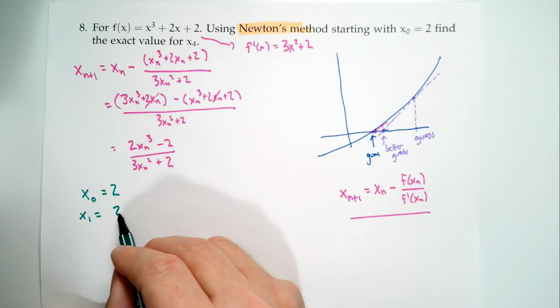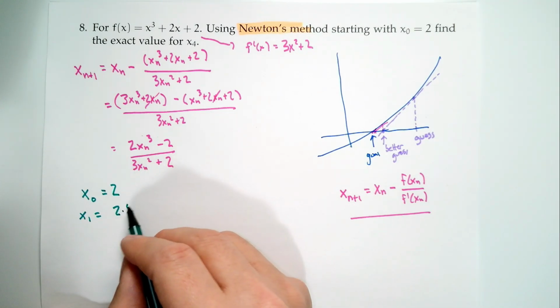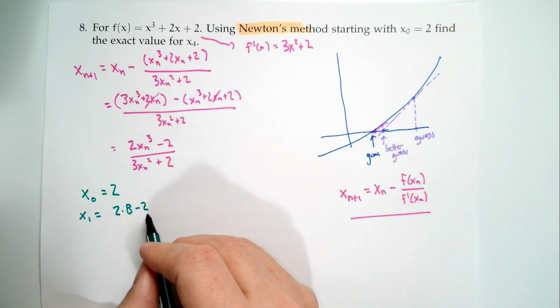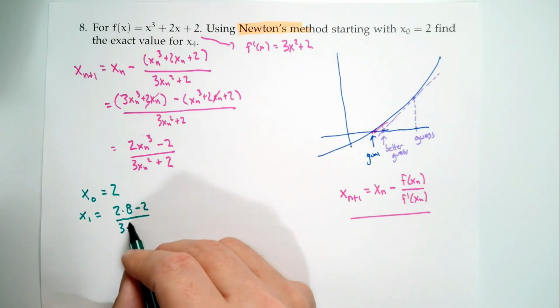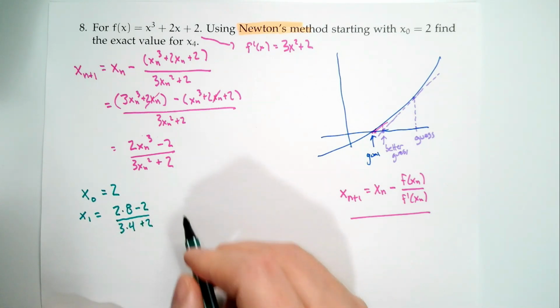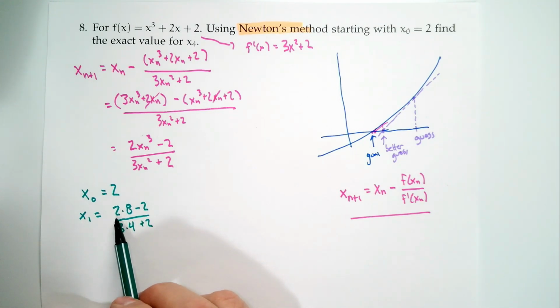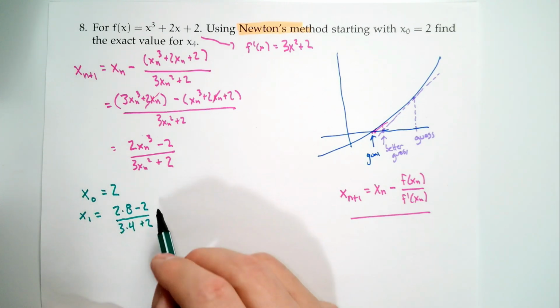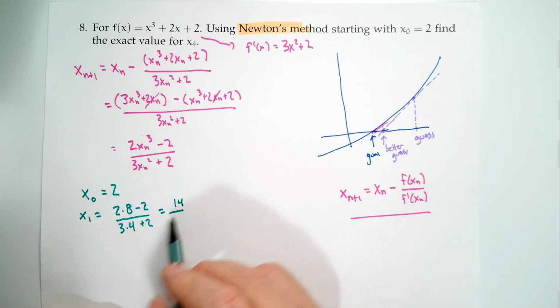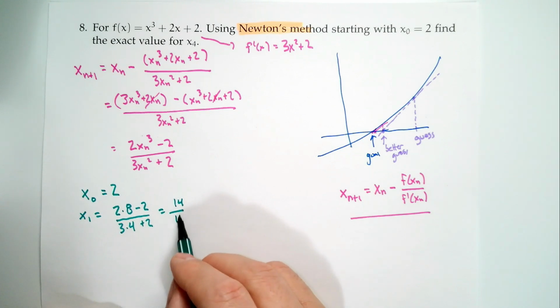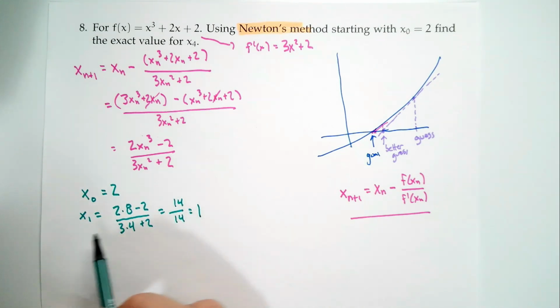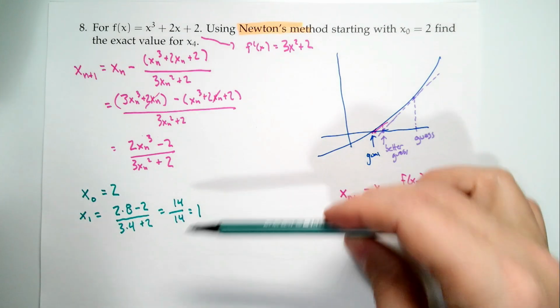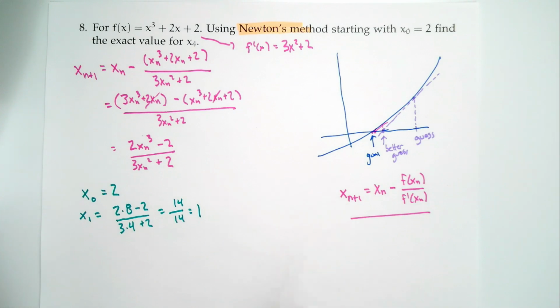So that's going to be 2 times 8, because that's 2 cubed, minus 2, divided by 3 times 4 plus 2. So let's see, that's 2 times 8, 16, minus 2 is 14. And then here we get 12 plus 2, which is 14, which is 1. You notice that we really want to simplify. You should definitely simplify if you're ever going to use something again. Now here we're going to use the answer to x1 to get x2, so it pays to simplify.